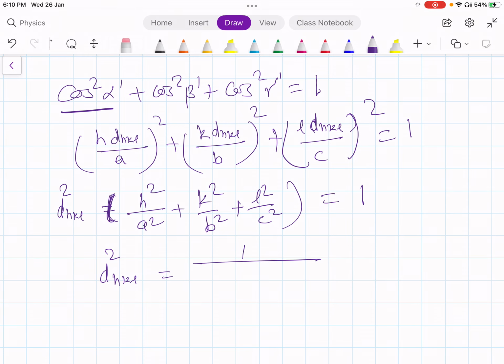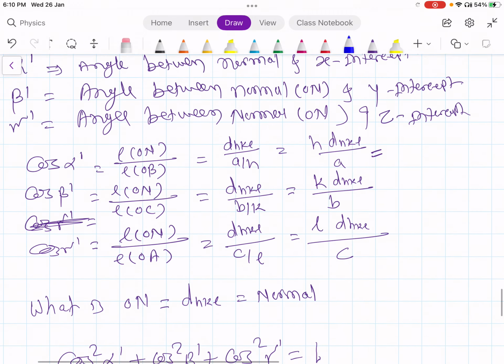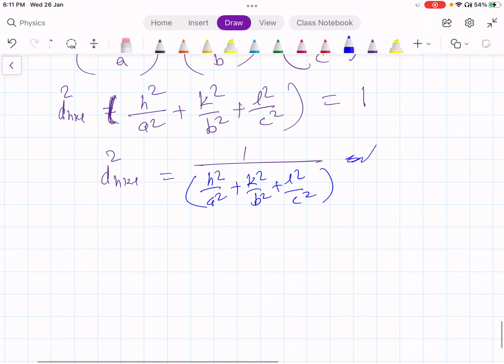So d square is equal to 1 divided by h square upon a square plus k square upon b square plus l square upon c square. Now this is for any crystal system.